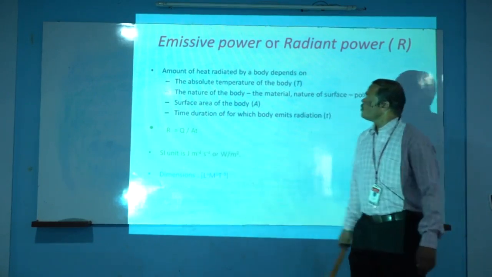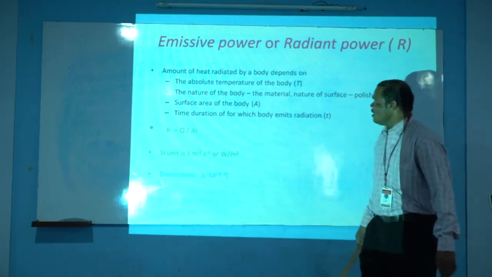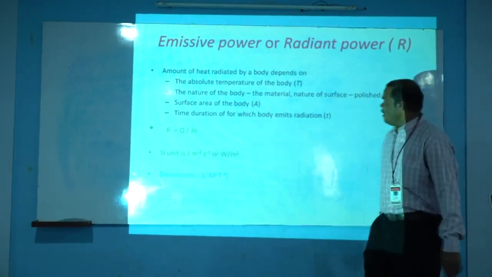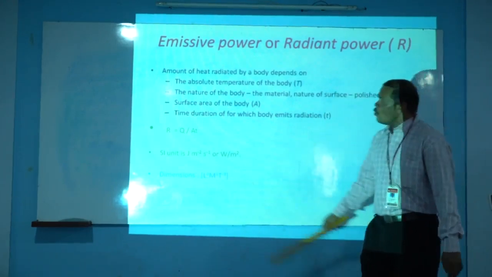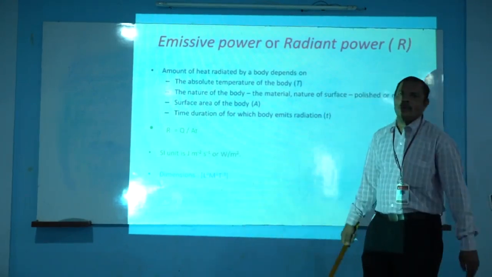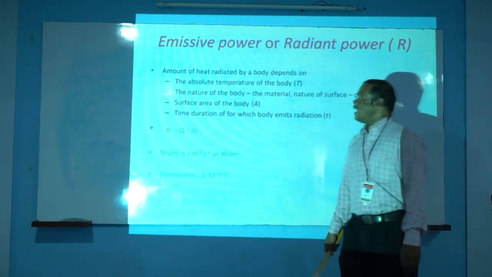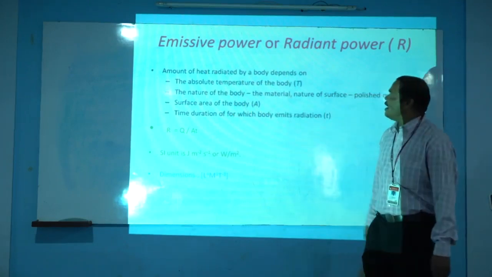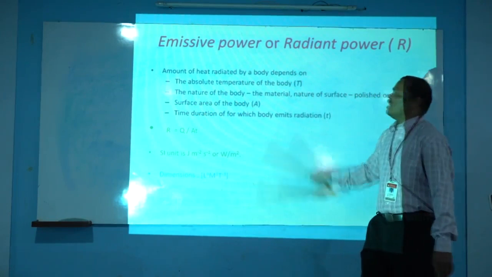So remember this formula, R equal to Q upon At. What is Q? Q is the amount of heat radiation, capital A is the surface area of the body, and small t is the time. Then what is the physical significance of this equation? If we take Q upon A, we get the amount of heat radiated by the body per unit surface area.